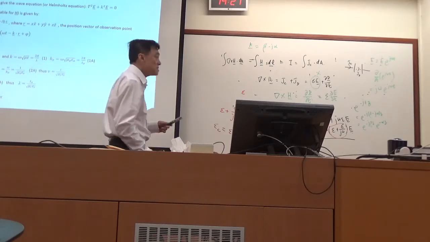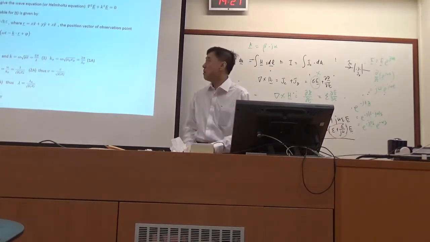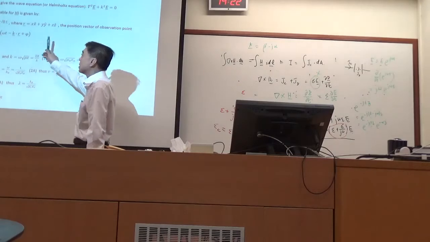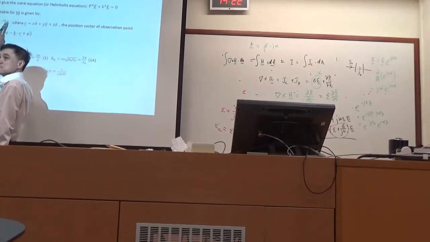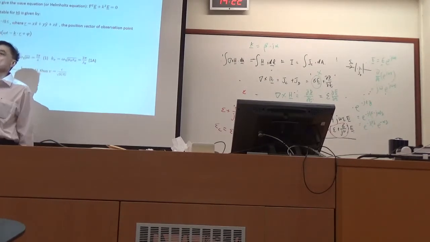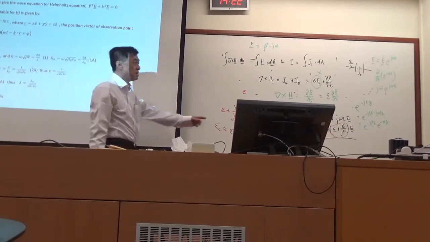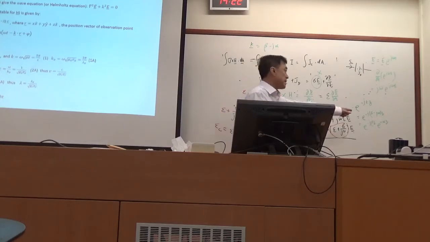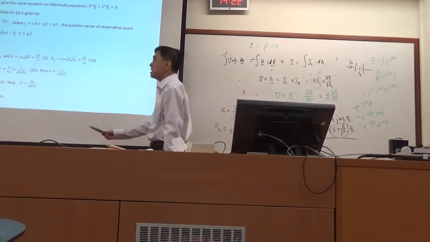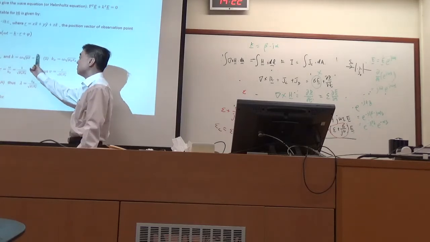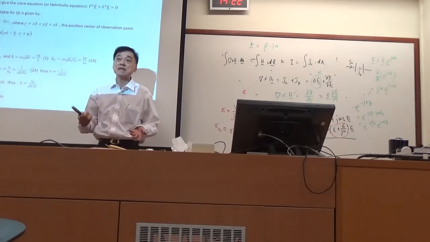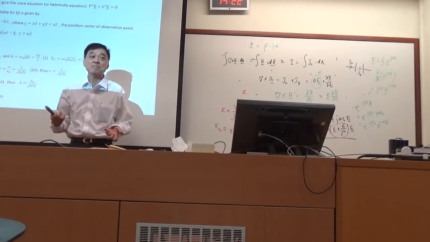Now, what it means is that the wave not only propagates with a propagation constant with a real part beta, which is the propagation. Because wavelength is a real number, right?